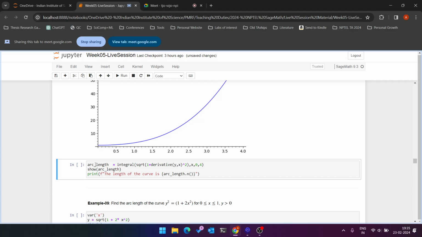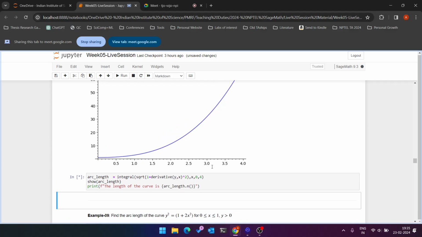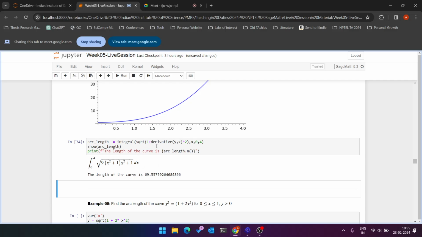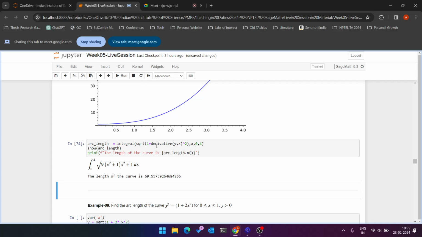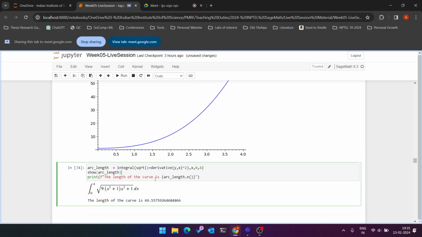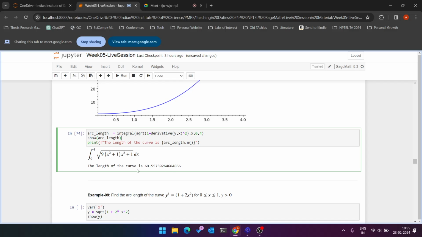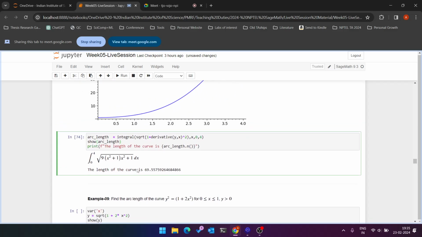So to do that, we basically are integrating the square root of 1 plus dy by dx whole square over our specified domain. So if I run this, it will take a minute or so. This came up fast. Anyways, this gives us the length of this curve for the chosen domain to be around 69.5.